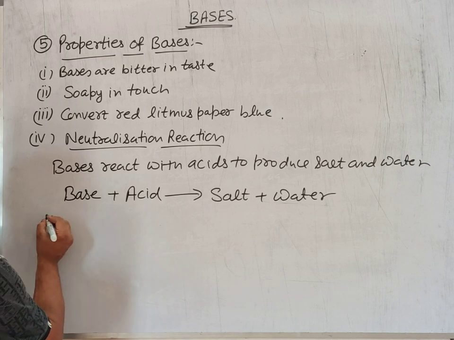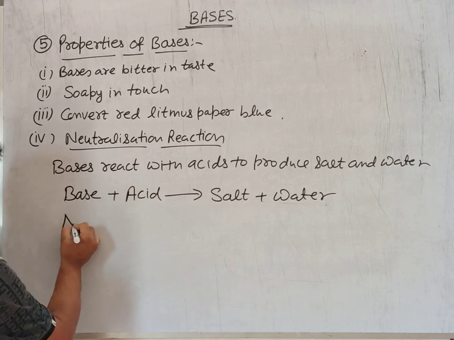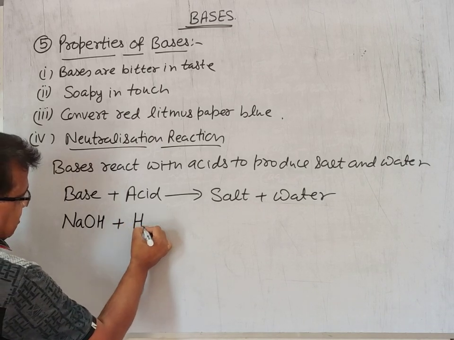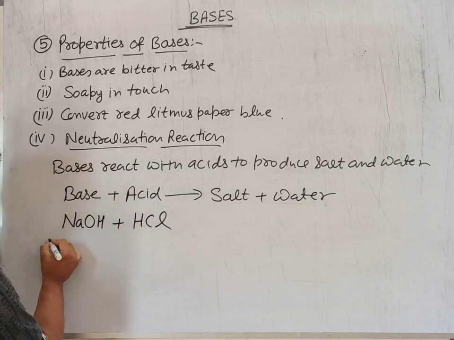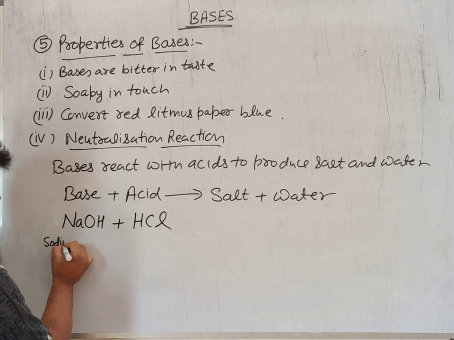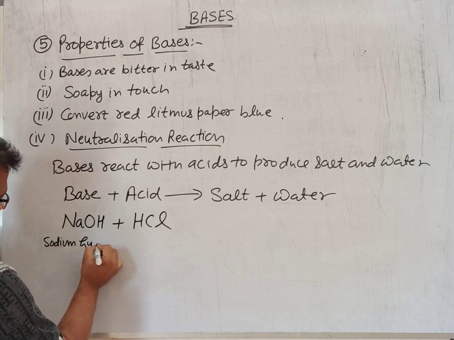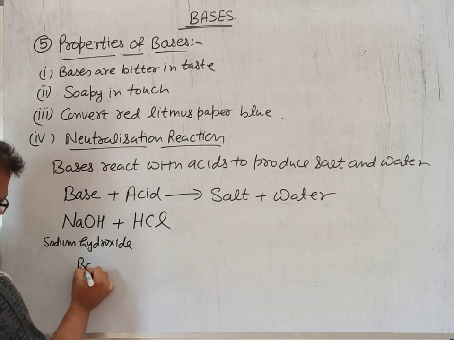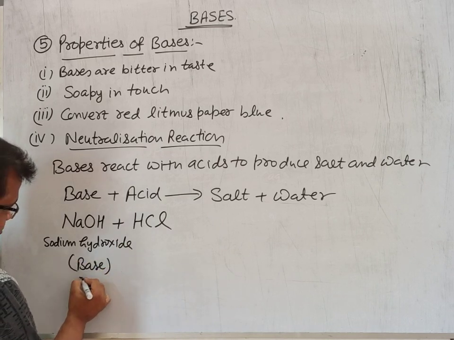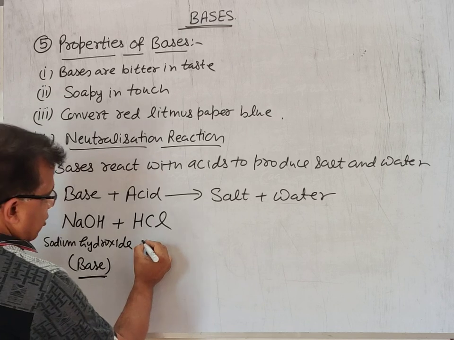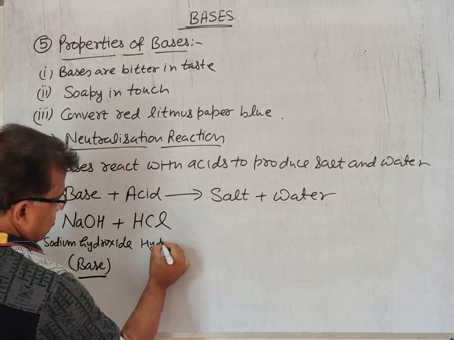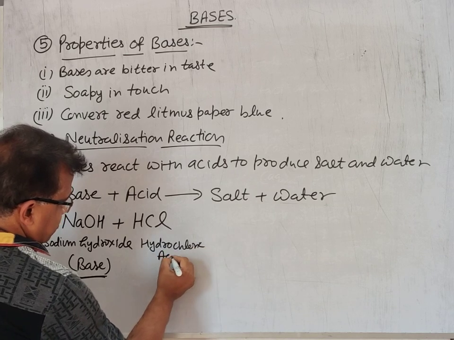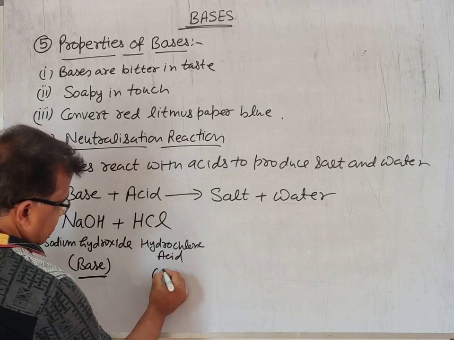Now for example, NaOH, which is a base, and HCl, which is an acid. It is sodium hydroxide, which is a base. It is hydrochloric acid, which is an acid.